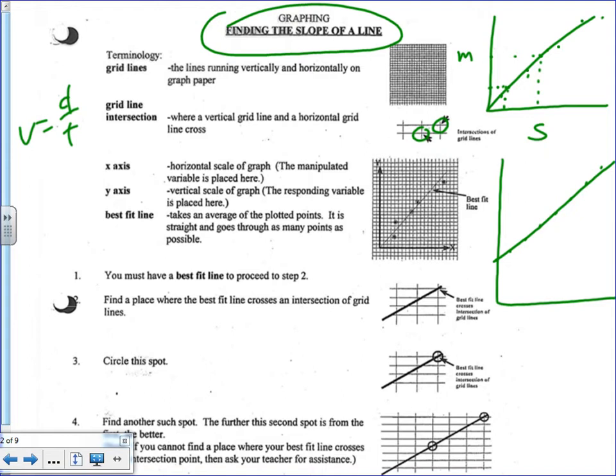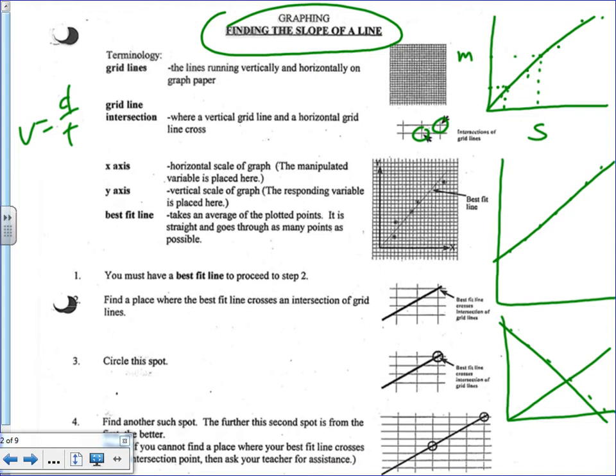As I often have people, they get a graph that looks like this, and they don't know what to do. They're like, okay. Really? That's what I say to that. Your best fit line has to follow the trend of your points, so it should look like that.